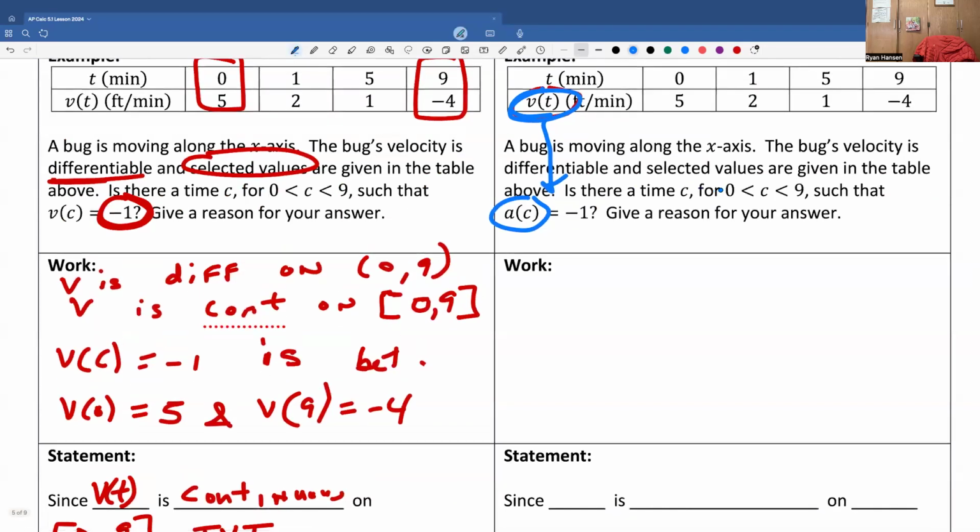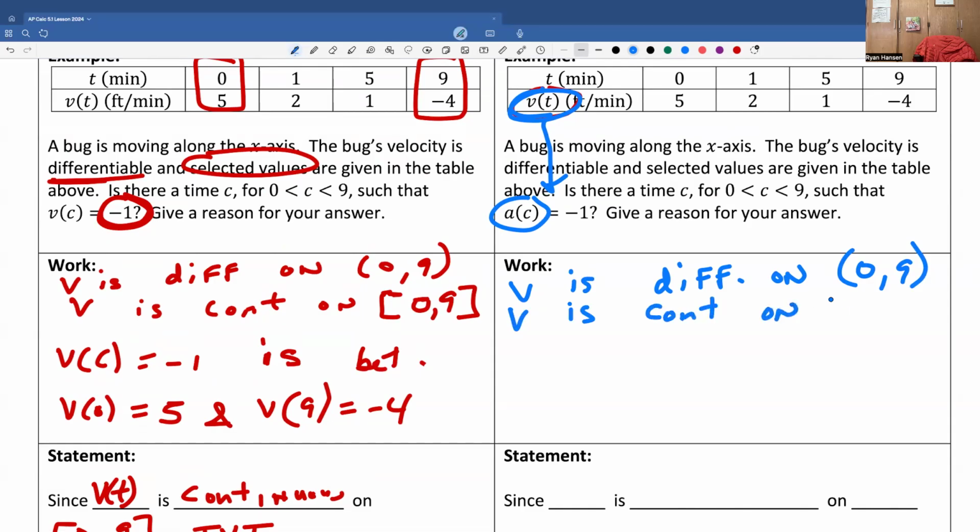MVT. So the work would be: V is differentiable, I'm just going to put DIFF, on the open interval from 0 to 9, which implies that it's continuous on the closed interval 0 to 9.